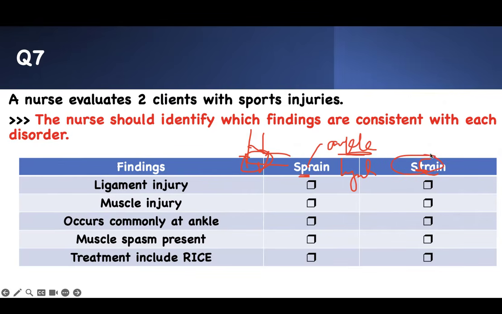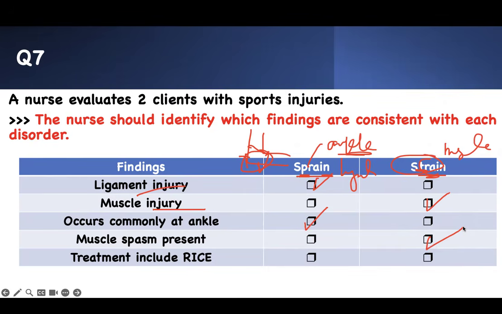We strain muscle. So straining of the muscle and spraining of what? Ligament. Therefore, ligament injury is associated with the sprain. Muscle injury is associated with the strain, which occur at the ankle. Muscle is going to have spasm.